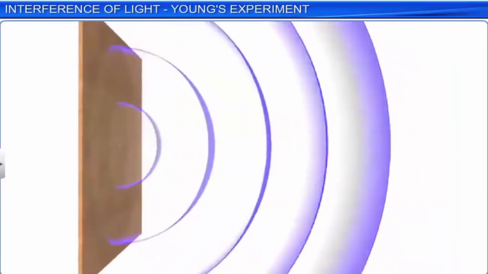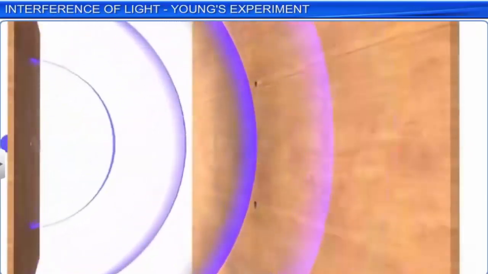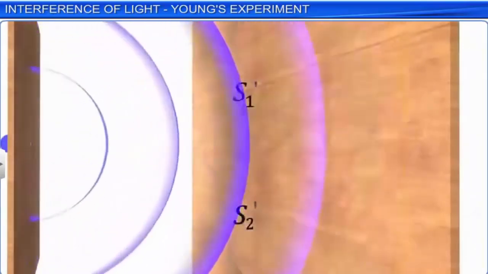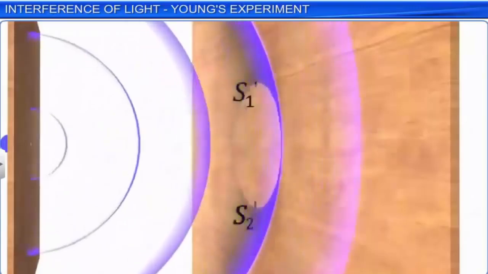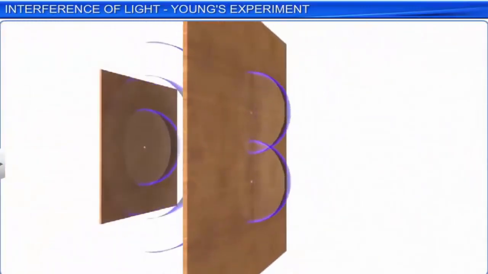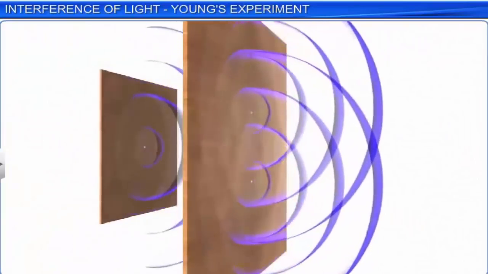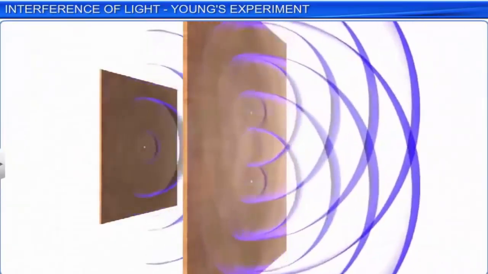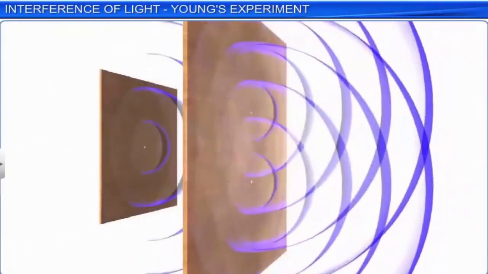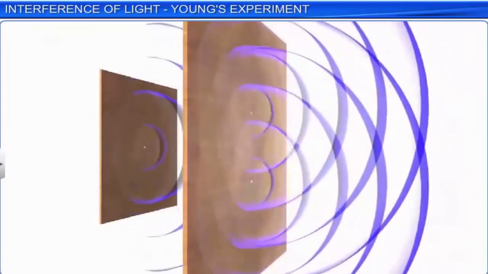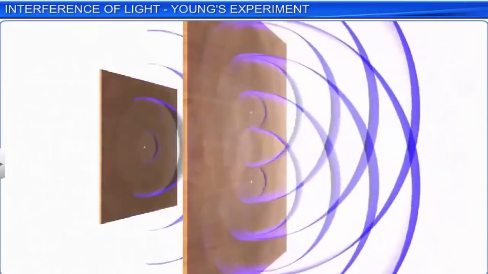Place another opaque screen with two very closely separated pinholes, S1 and S2, to the right of the first screen. When S1 and S2 are illuminated by the incident light from S, they behave like two point sources of light and emit spherical waves to the right of the screen. In fact, S1 and S2 behave like virtual coherent sources of light.